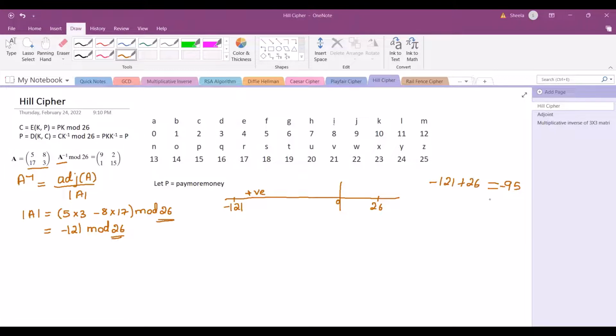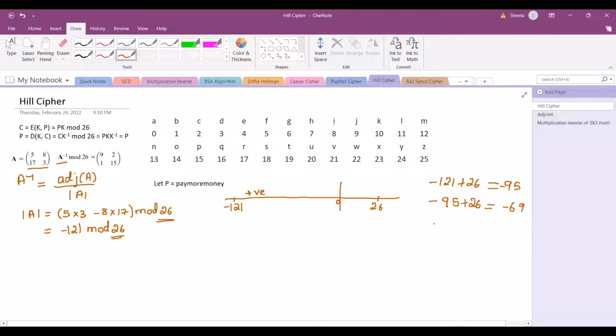Since minus 95 is not in the range 0 to 25, once again we consider minus 95 plus 26. If we add, we get the value as minus 69.